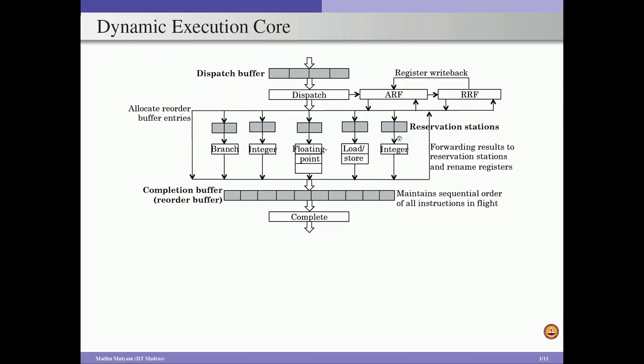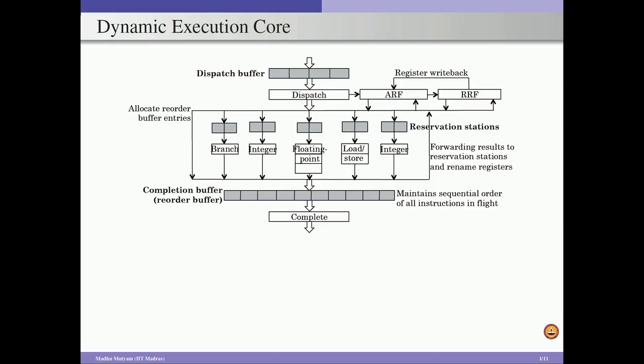Among the several reservation stations, we select a suitable one based on the type of the instruction. Each reservation station takes care of issuing the instructions stored in it to the corresponding functional units. Here we have multiple functional units, and different functional units may take different latencies.